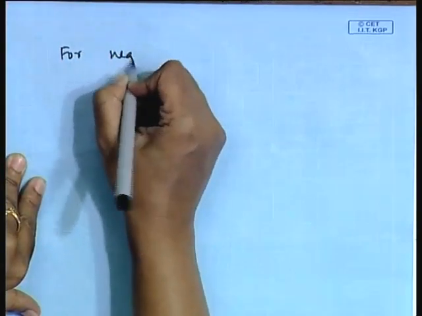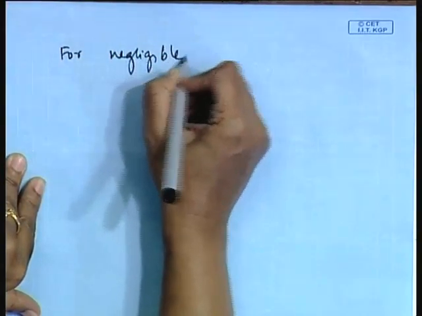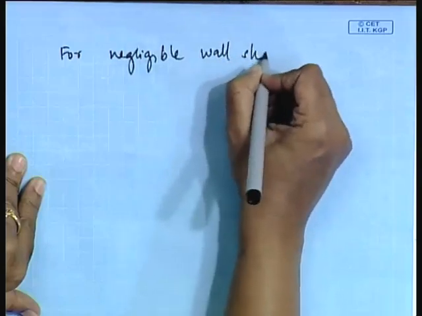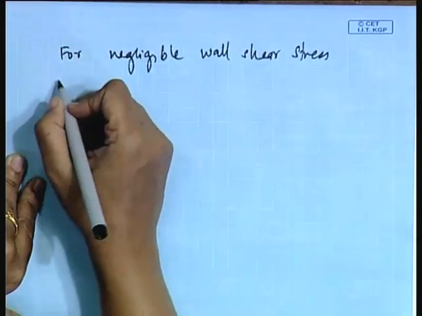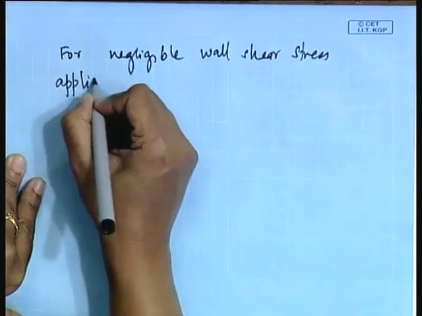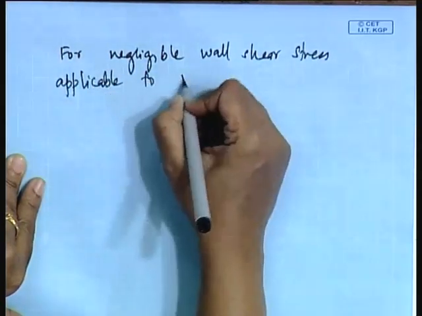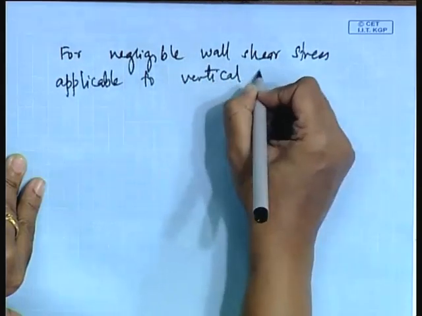I will write down the conditions here so that it gets into your head: for negligible wall shear, applicable to vertical gas liquid slug flow.